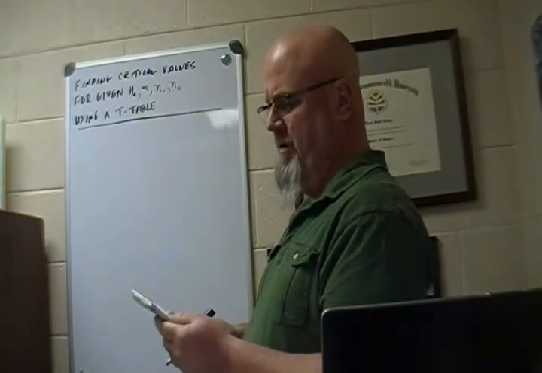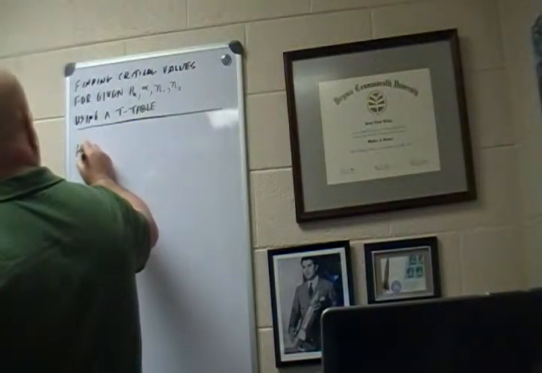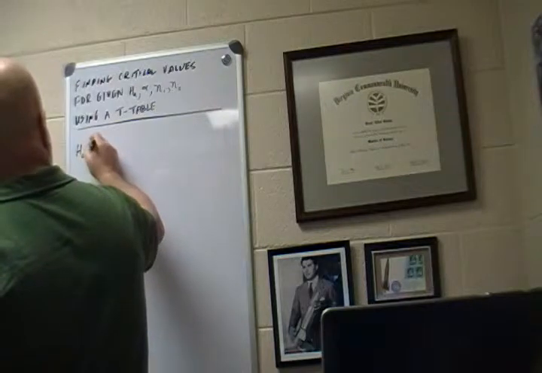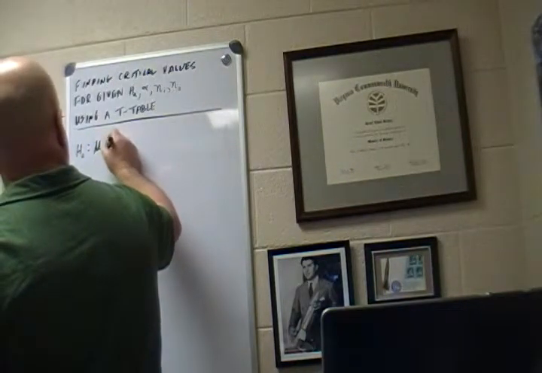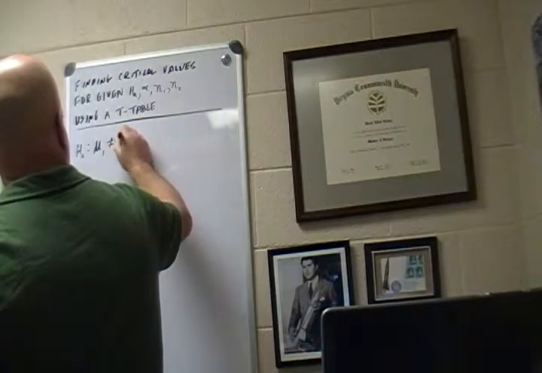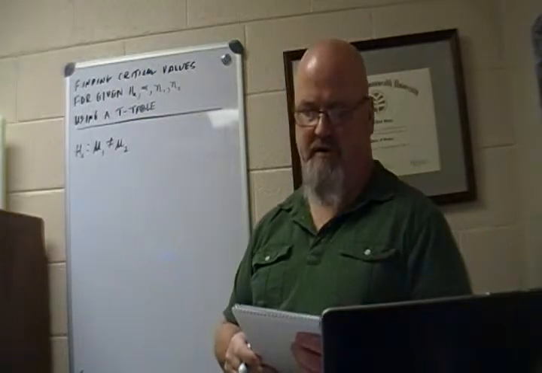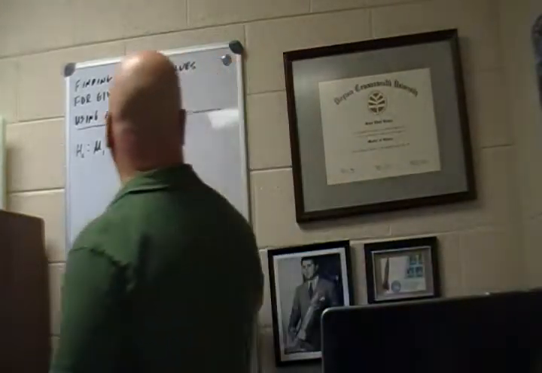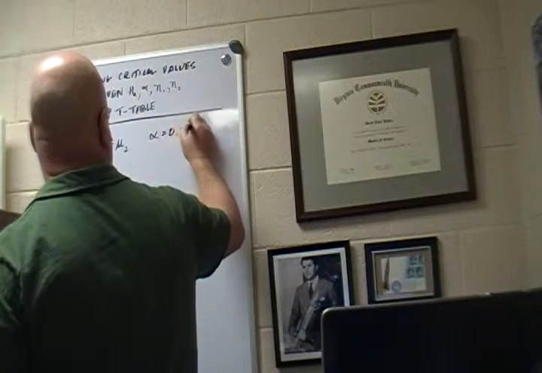Let's see, in this particular problem, the alternative hypothesis, H sub A, is that mu1 and mu2 are not equal. They're not equal. And alpha is 0.05.